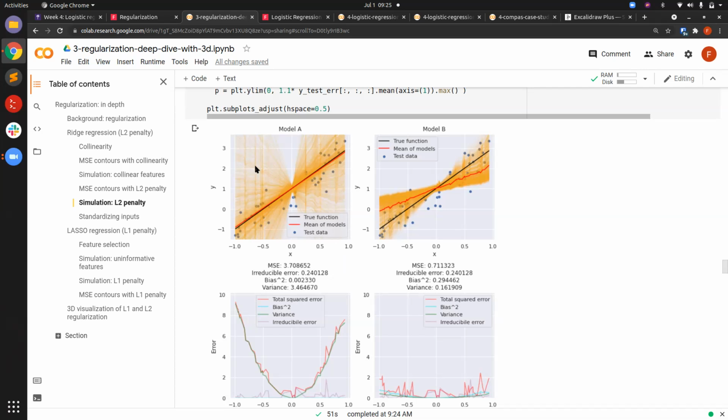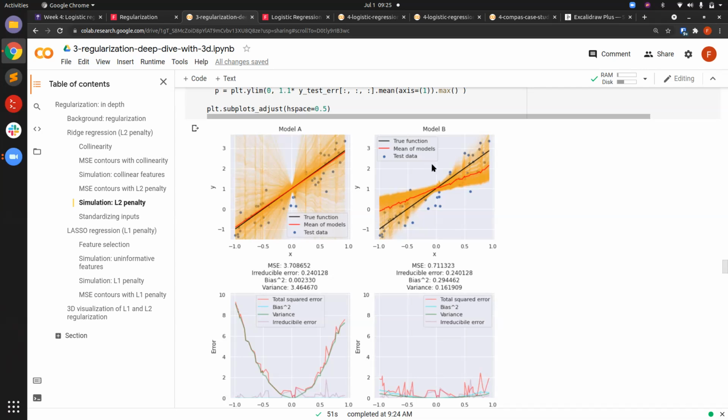Now, what if we look at model B here, which is the least squares, but with an L2 regularization penalty term. So notice here that this model is biased. Right? The coefficient terms are pulled towards 0, which introduces a systematic error in the model.